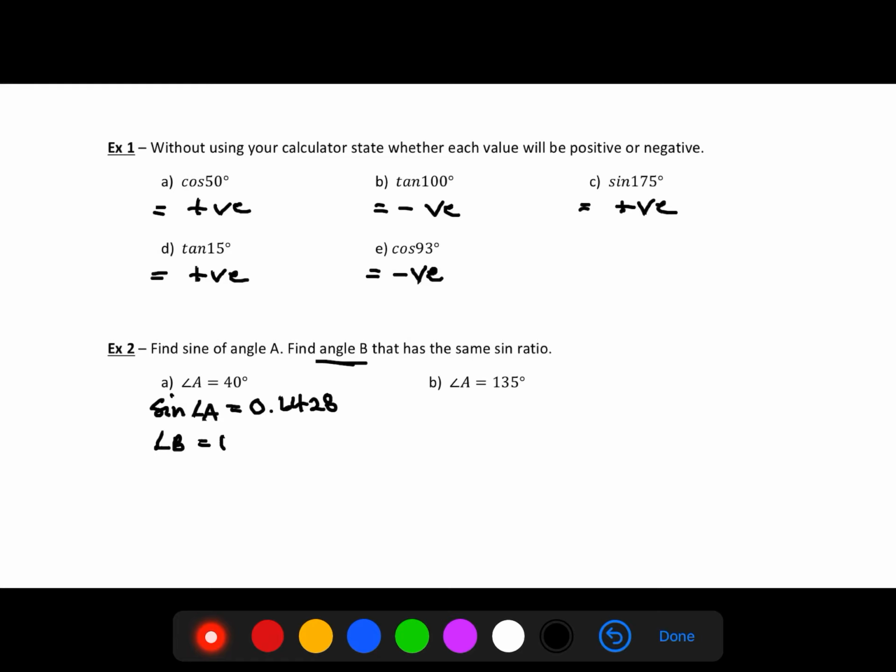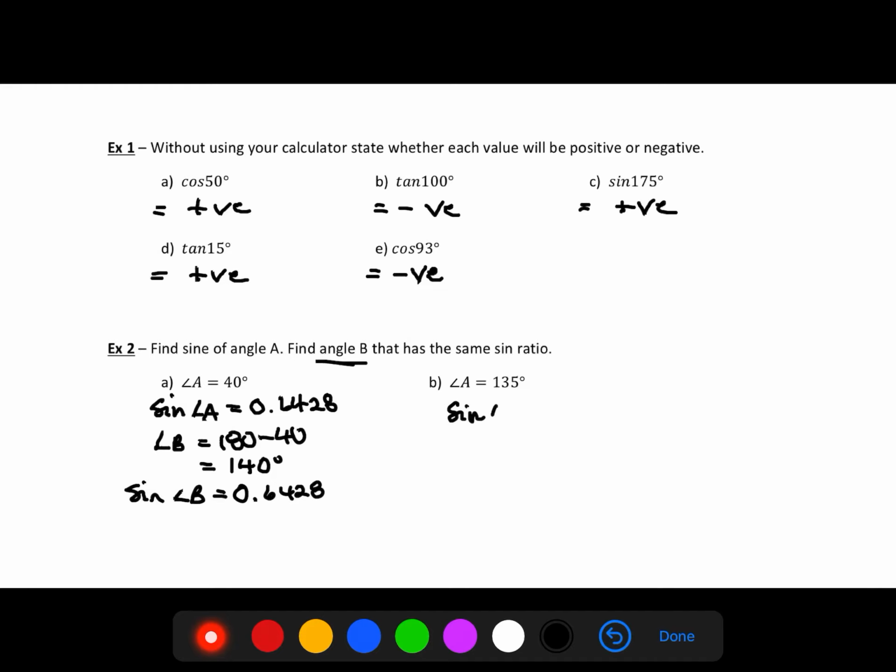So angle B must be 180 minus 40 in order to have the same sine ratio. So angle B must be 140, and we can double check that in our calculators by punching in 140 sine, and we do verify that those have the same sine ratio.